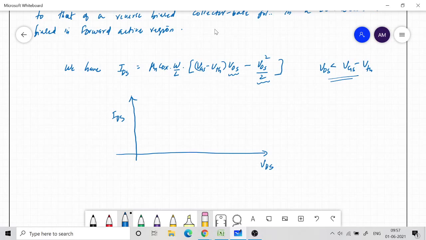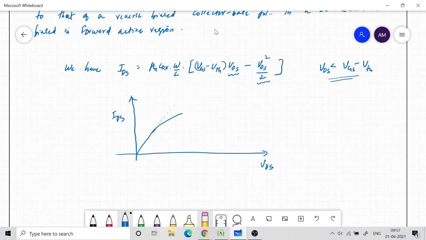This term will be dominant, and therefore we will have a straight line, like y equals mx, passing through the origin. Then after some time the VDS square term begins to play a role. Because it has a negative sign, it cannot continue as a straight line. It will deviate from the straight line and bend around like this.